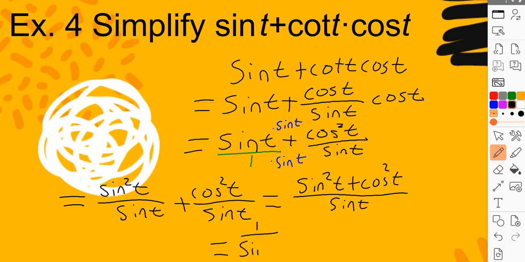So we did end up using that Pythagorean identity. And that is equal to cosecant, using the reciprocal. So we took two operations and got rid of both of them, and we took three trig functions and made them into one.